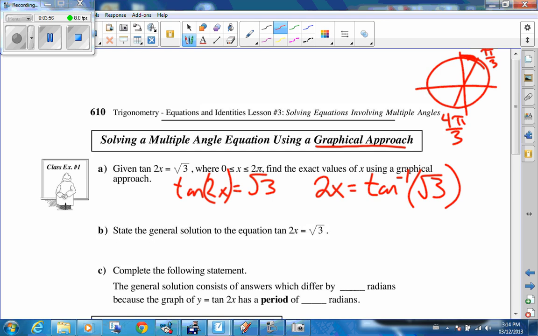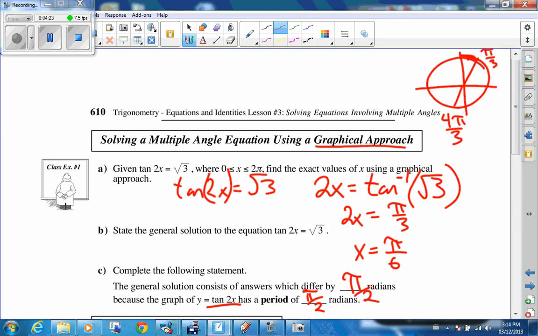So what I'm going to do is write 2x equals pi thirds, and when I do the half of that, I get x equals pi sixths. So the general solution consists of answers which differ by pi halves radians, because the graph of tan 2x has a period of pi halves radians.